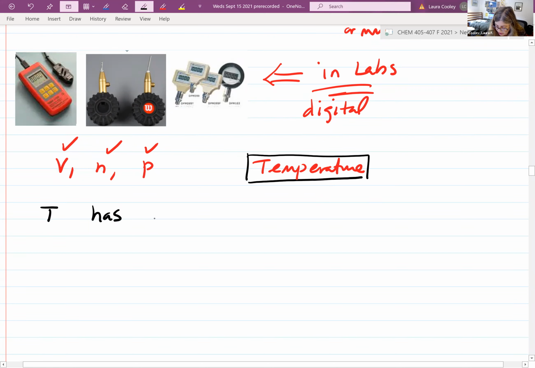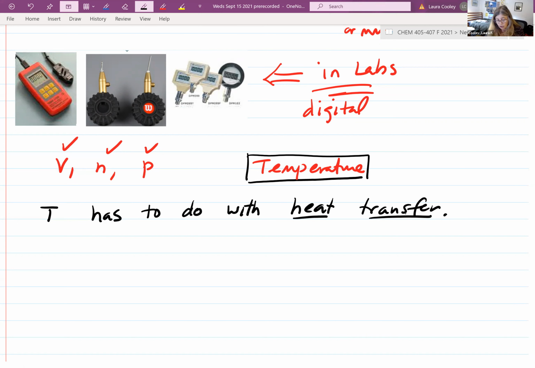is defined in a way that has to do with heat transfer. The definition goes like this.